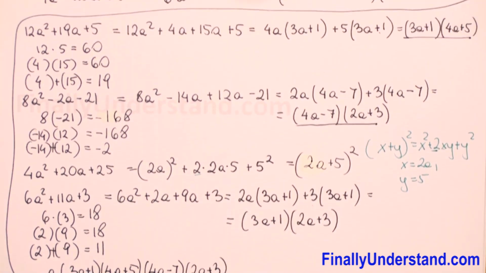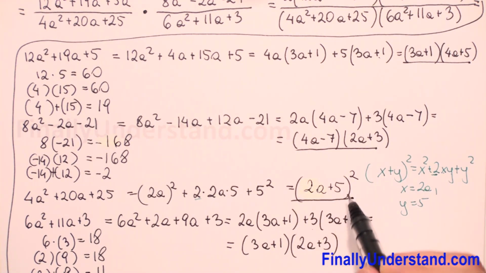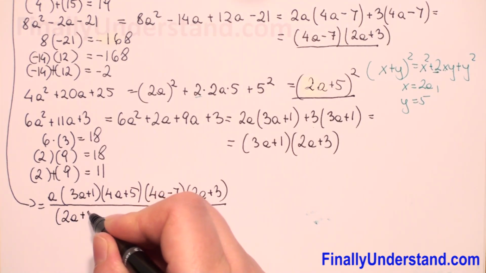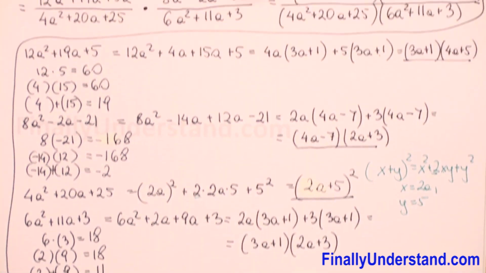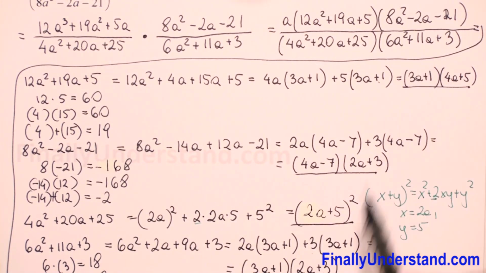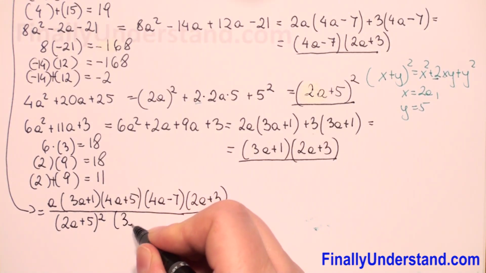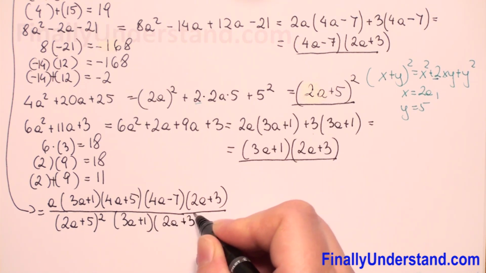And in the denominator, the first term we can substitute by 2a plus 5 to the second power, and the last term is equal to that term. So we have 3a plus 1 times 2a plus 3.